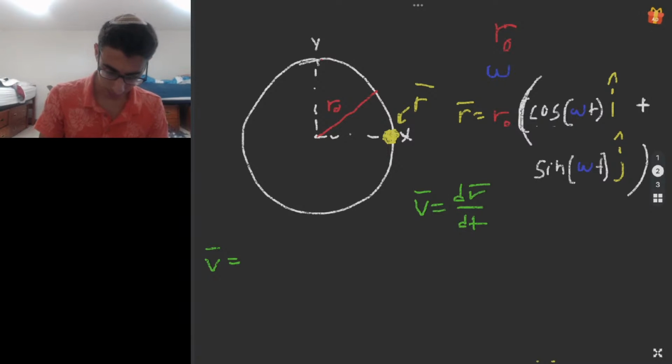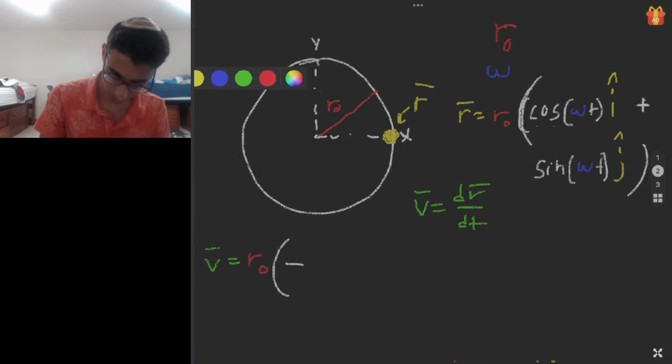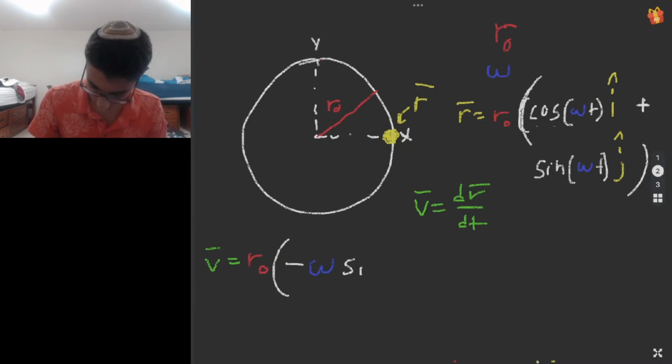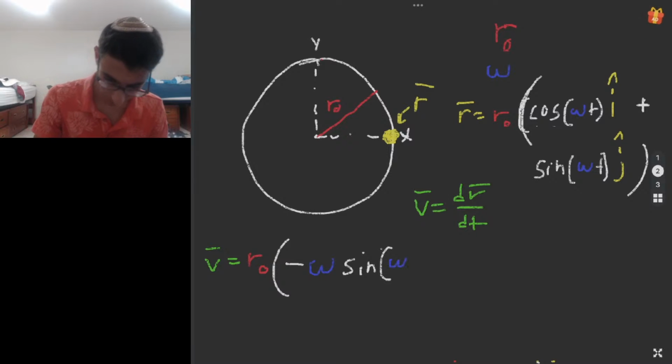So let's write this down. We're going to keep our r naught as itself. R naught didn't really change. Times omega times negative sine omega t, which we'll just quickly understand where we're going, and I'm going to put the negative over here. So negative omega, and then sine of, and important to remember that omega will still be there, omega t.